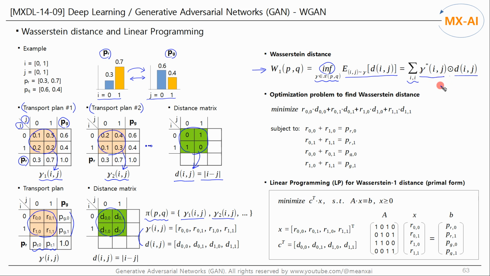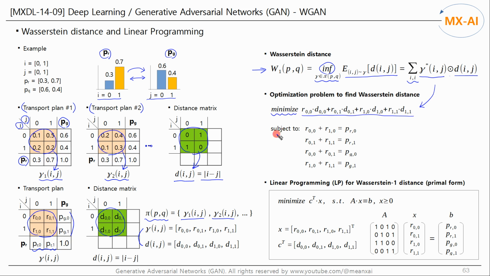Since this is an optimization problem, the above expression can be written as follows. The gamma-weighted average distance for the simple example on the left can be written as follows. And the minimum of this expression is the Wasserstein distance.